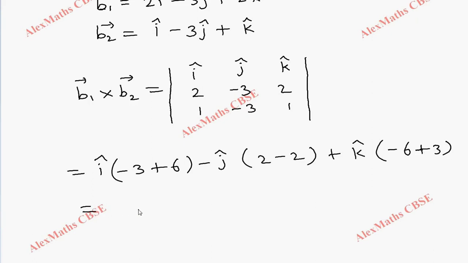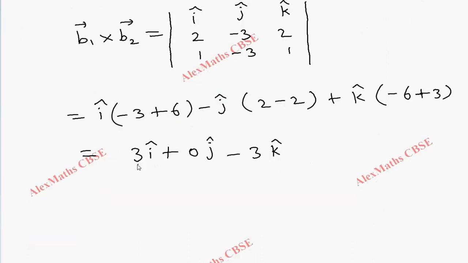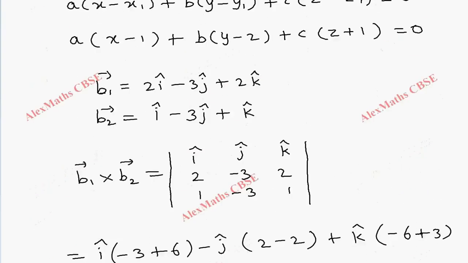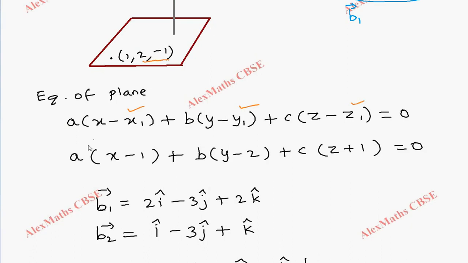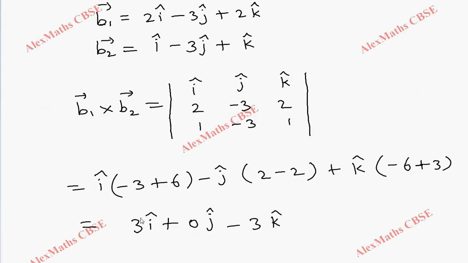So totally this is 3 i cap plus 0 j cap and minus 3 k cap. And from this the values of a, b, c which we have to substitute in this equation are nothing but the coefficients of this vector, that is 3, 0 and minus 3.